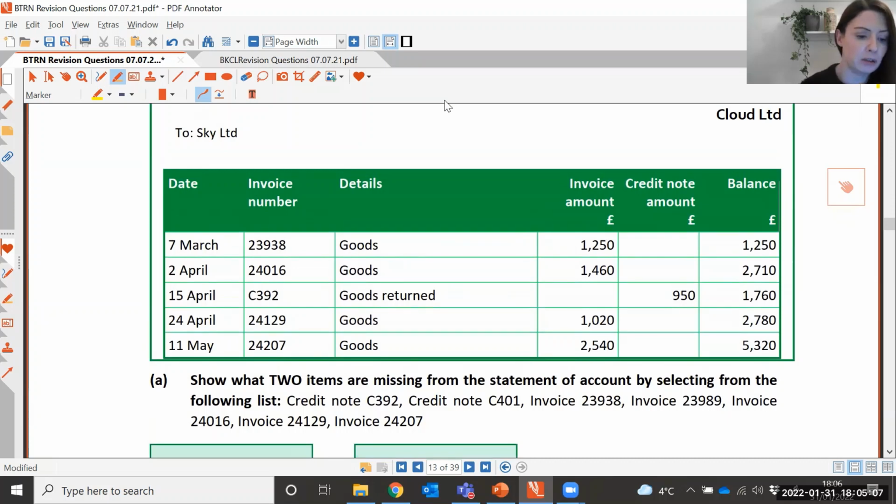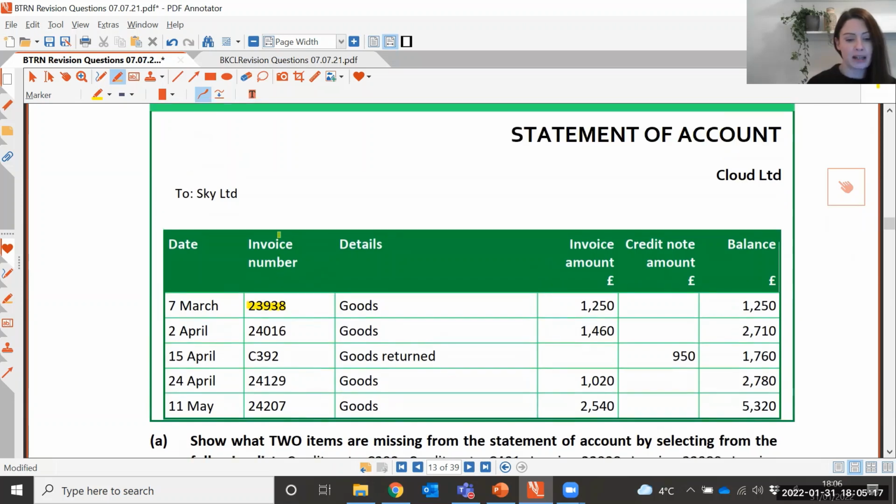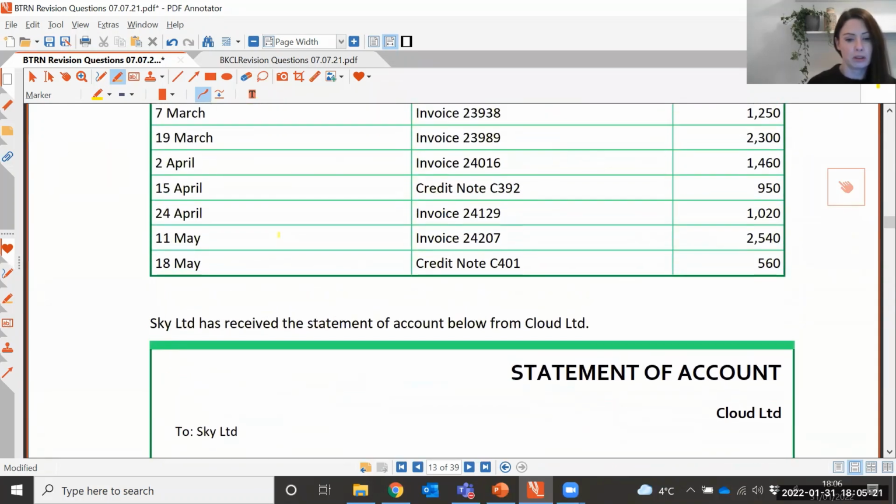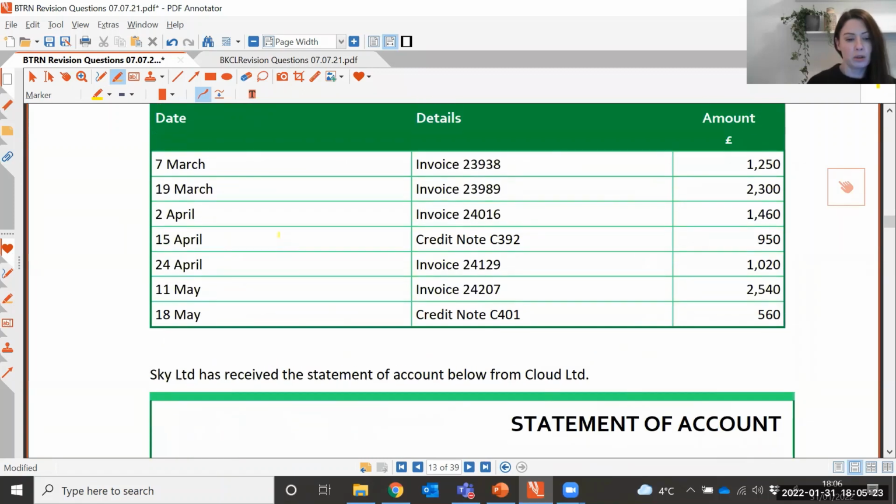So first of all, we've got invoice number 23938 for goods costing £1,250. So if we go up we can see that this invoice is actually in both, in the statement of accounts and in our details.